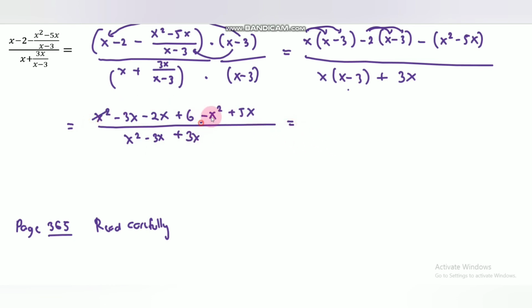This one is gone, x squared minus x squared, and the one that is left is 6 only on the numerator, and this one is gone, so it's 6 over x squared. And this is the simplest form that you can get. Therefore, done. It's quite easy. We just have the delicate problems at the beginning.